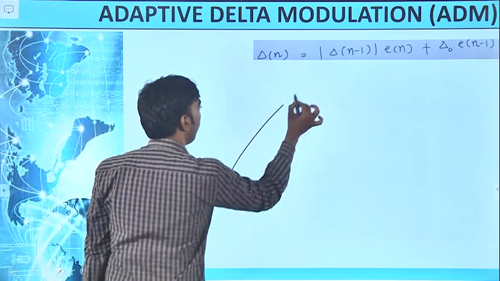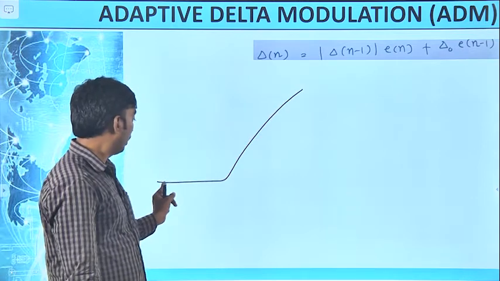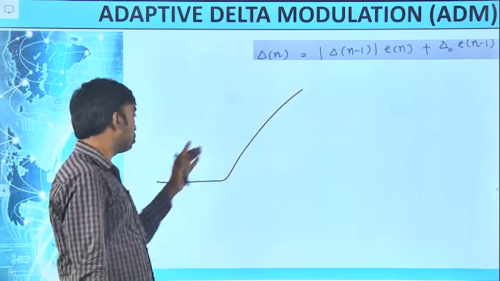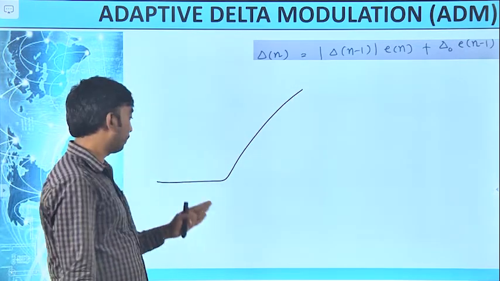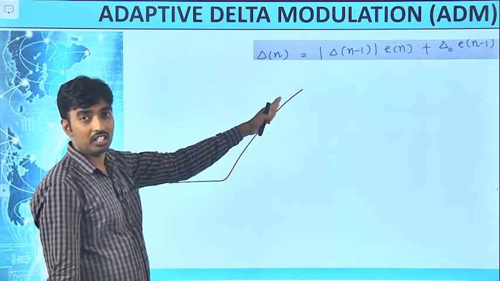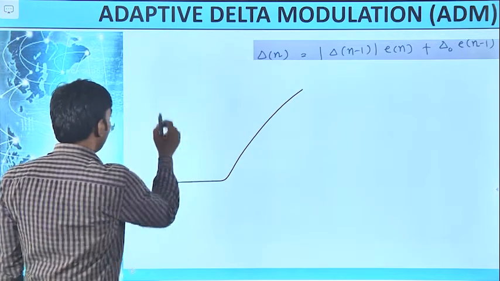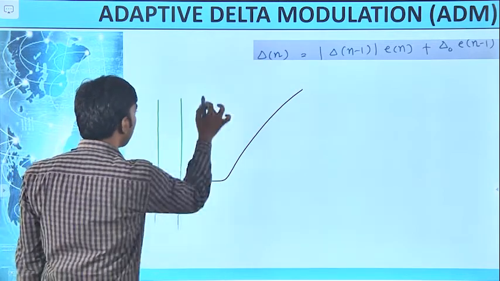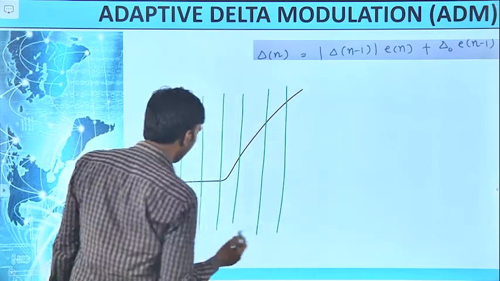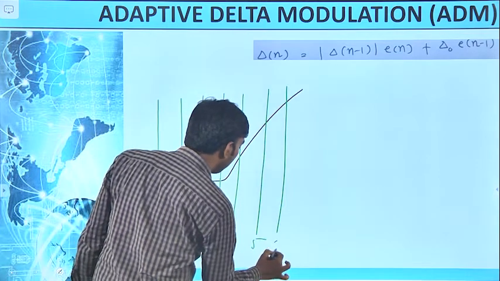I'm going to draw just a simple waveform, because we are getting errors when the input signal is constant and when the slope of the input signal is high, right? During these two conditions, we are getting errors. Here I am getting granular noise and here I am getting slope overload distortion, right? And I am dividing into slots, the step duration, and this is 0, 1, 2, 3, 4, 5 and 6, right?